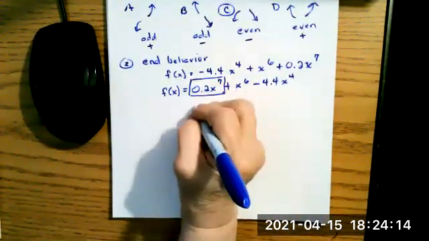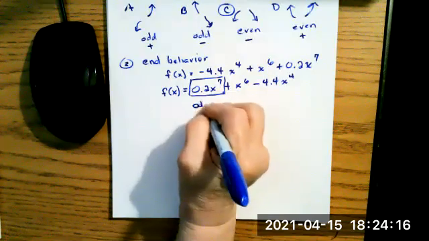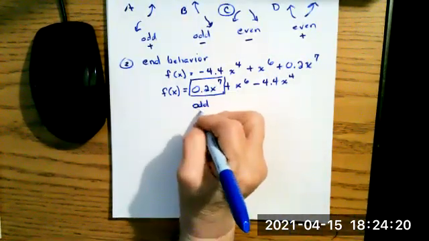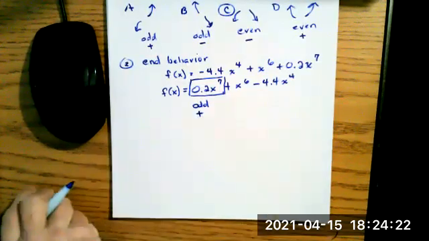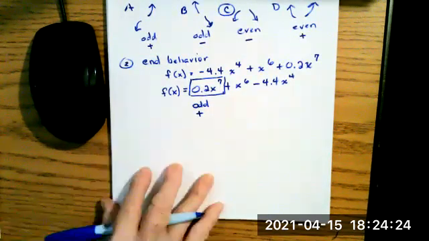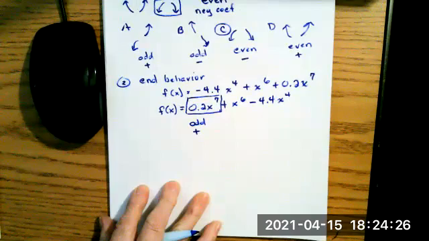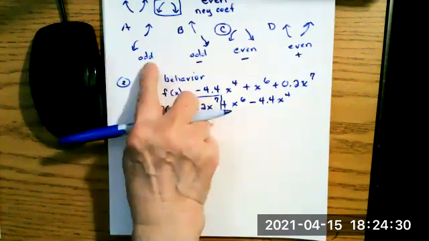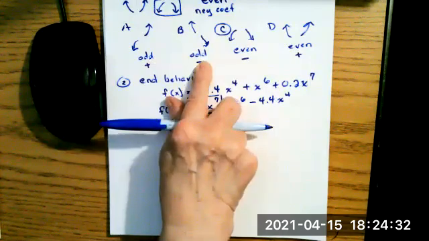So your degree is odd and your coefficient is positive. Let's see which picture it should be. We've got these up here. If it's odd, it's either got to be this one or this one.